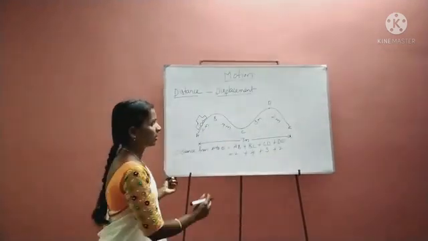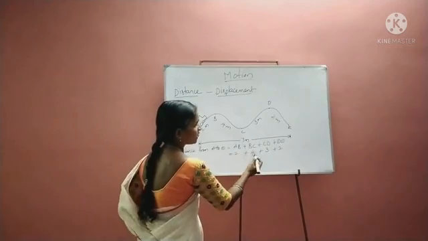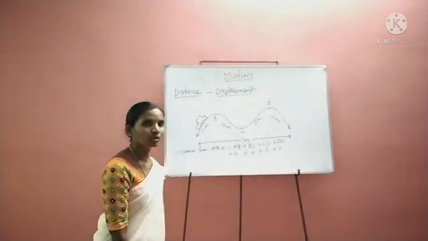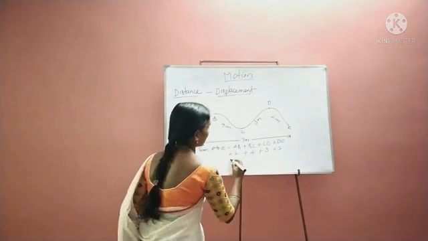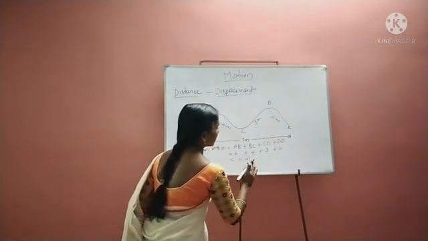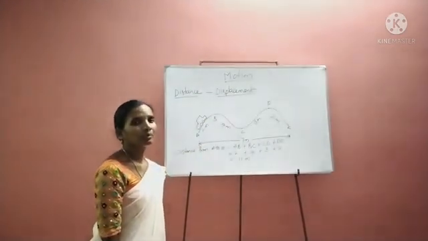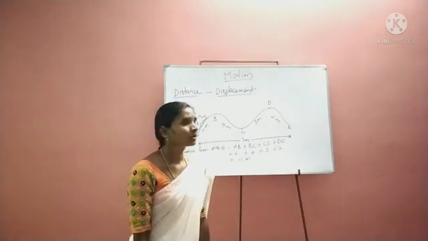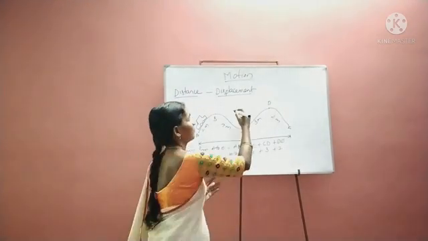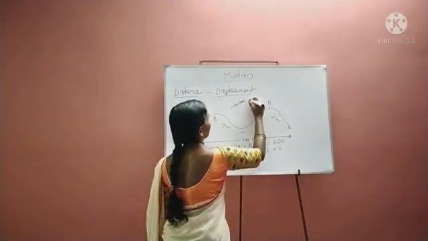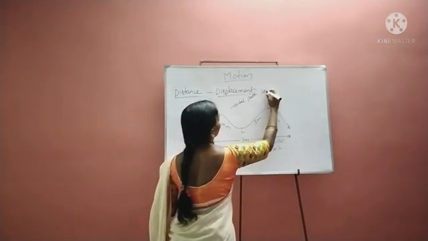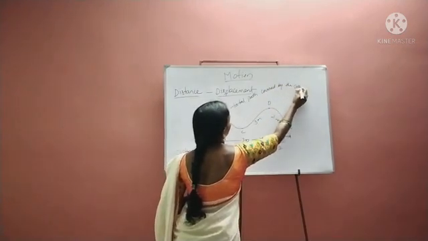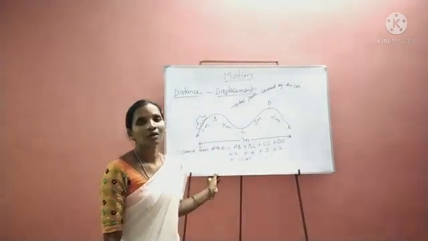Add this: 2 plus 4, 6, 6 plus 3, 9, 9 plus 2, 11. So 11 meters. So distance means total path covered by the car.